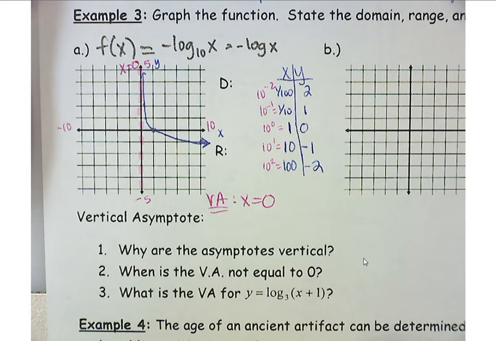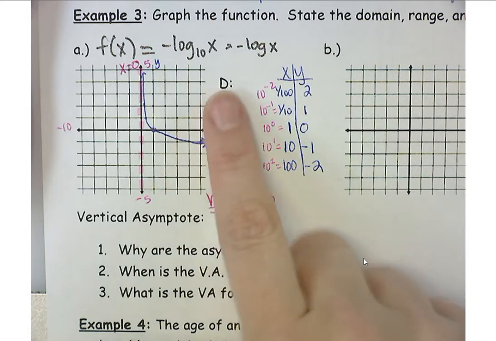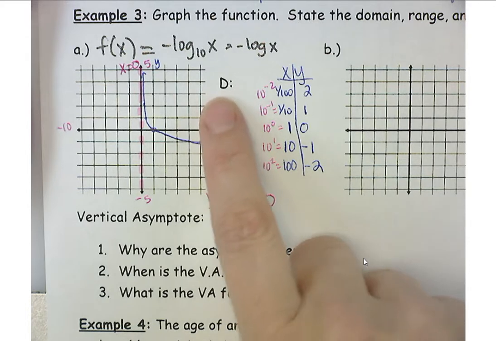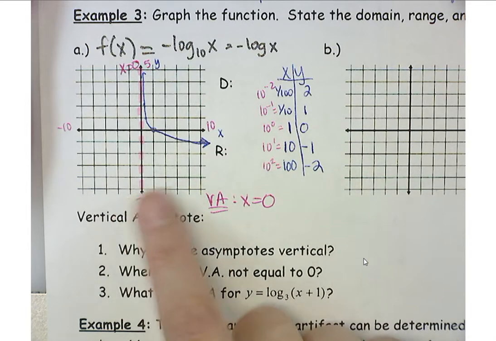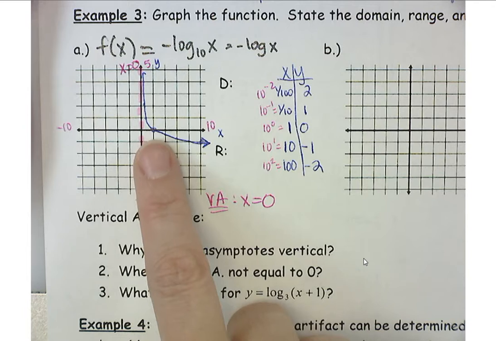Now, for the domain and the range, you already saw there were restrictions to the domain. It can't be all real numbers because you saw I couldn't take a log of a negative or 0, right? Well, remember, your domain is all possible x values. You can use your graph to look at it. 0 to infinity.